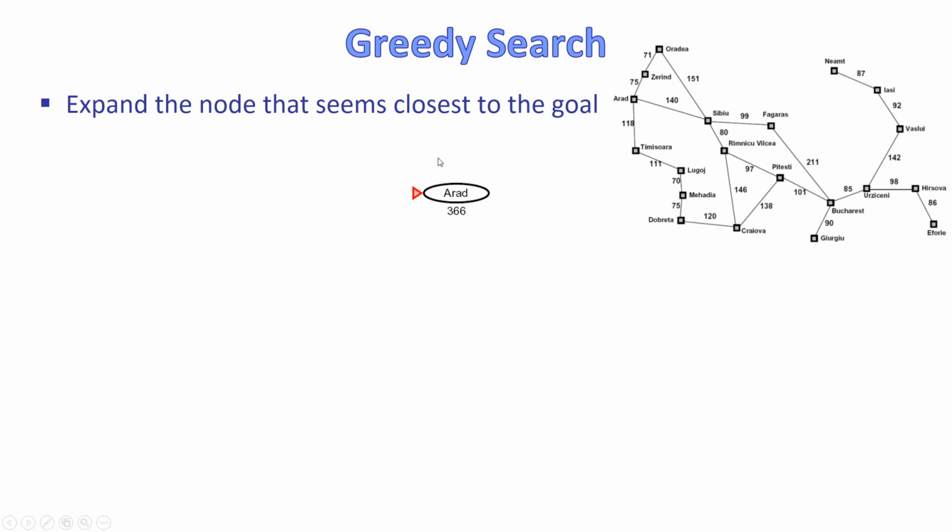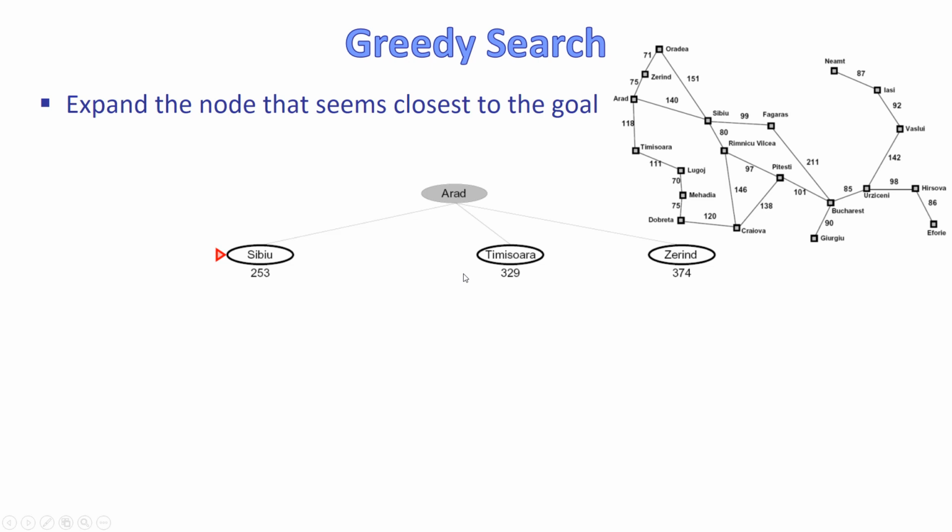So we'll do that on the traveling example. We start from Arad. The estimated cost of Arad to Bucharest is 366, but of course we don't have other options other than expanding that node in the beginning. Now we expanded it with the 3 neighboring cities. Now we look at the estimated cost from each of these cities to Bucharest. How can we know that?